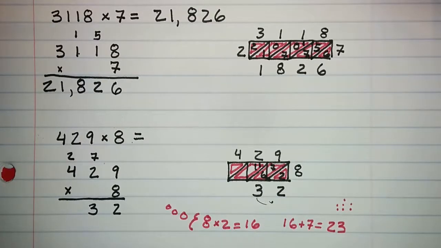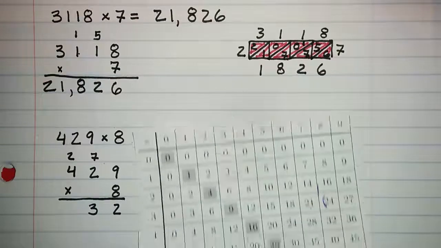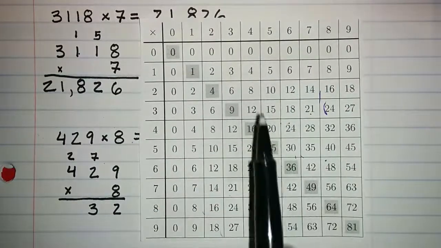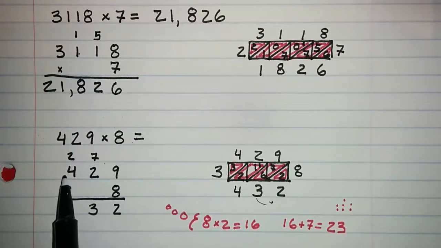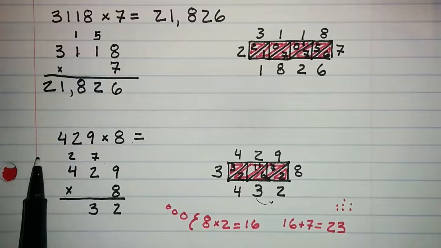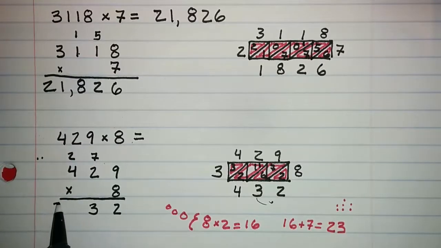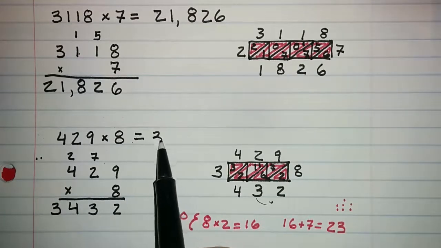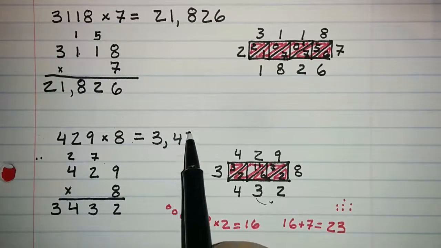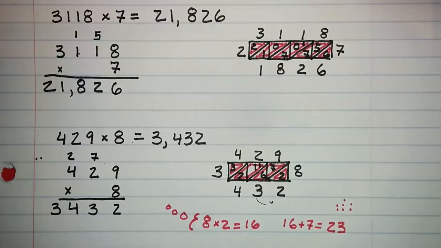All right, so now I have 8 times 4 is 32. And so I'll have 1 plus 1 is 2, plus 2 is 4. And then the 3 is by itself. 8 times 4 is still 32. 33, 34. Here I just have 34. Either way, again, my product is 3,432.